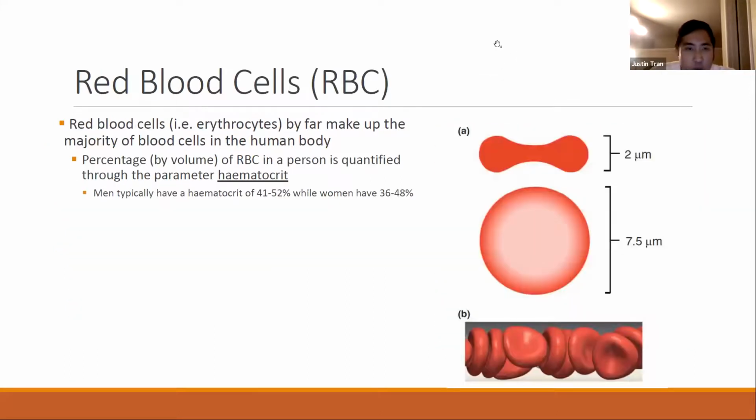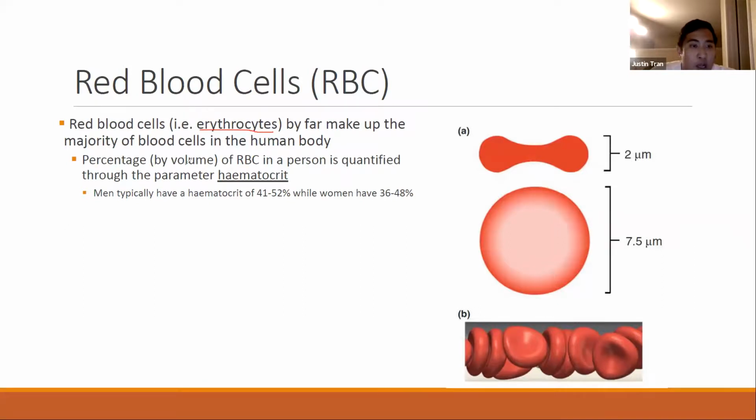Let's talk about the red blood cell first, or RBC. Another name for the red blood cell is erythrocyte. You might hear that word thrown around, and all it means is a red blood cell. These make up the vast majority of the blood cells inside a human.